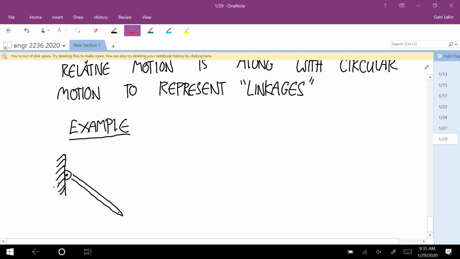And it has a length of 1 meter. And at this instant, it makes an angle of 45 degrees with the horizontal. And then there's a second bar that also has a length of 1 meter and also makes an angle of 45 degrees.